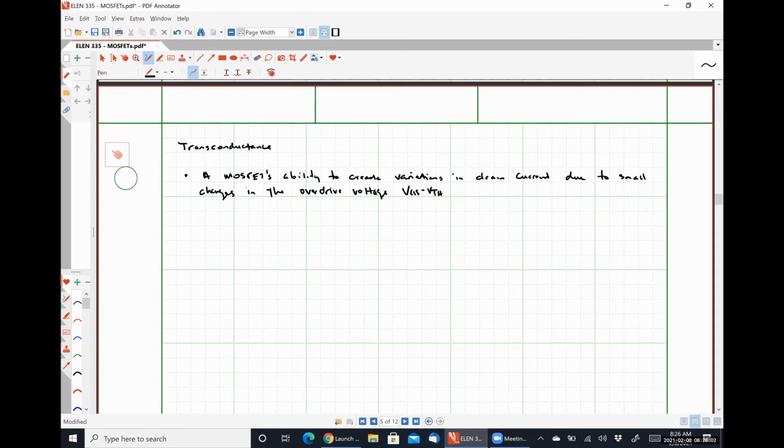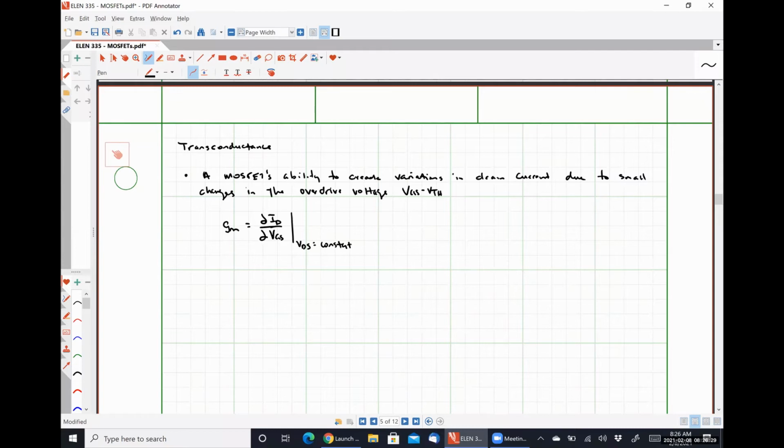So mathematically, transconductance is defined as the change in drain current with respect to the change in VGS, since VTH is nominally a constant, while holding the quantity VDS to be a constant value.